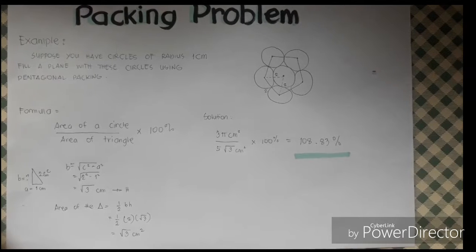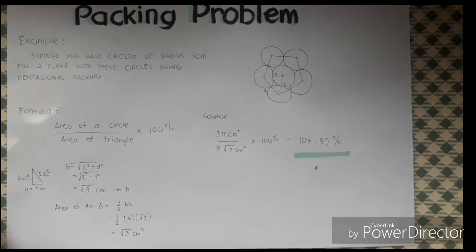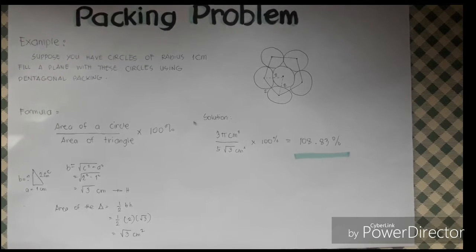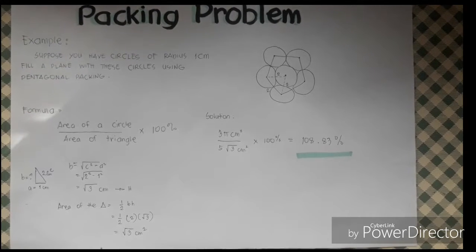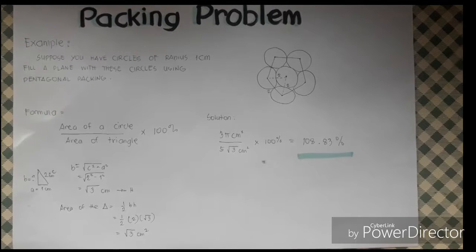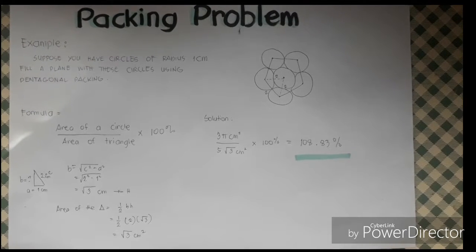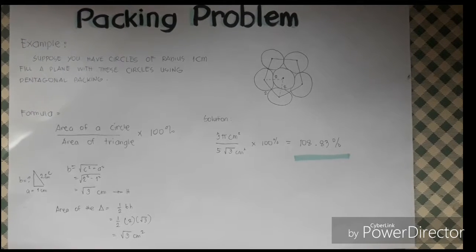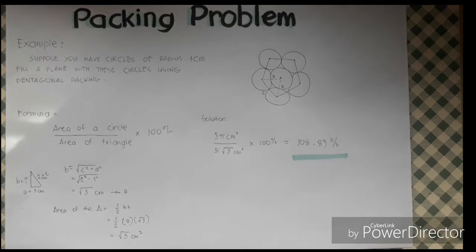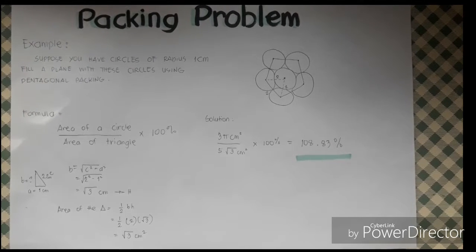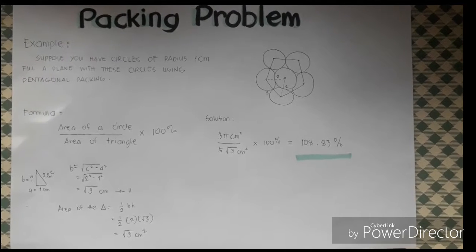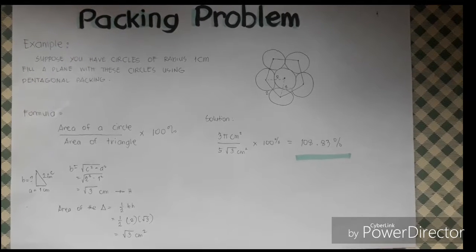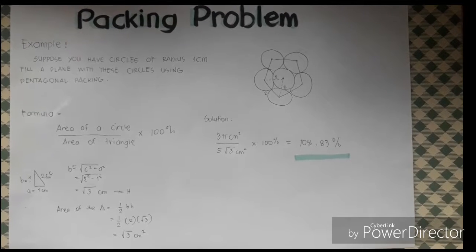Since we already got the area of a triangle, let's proceed to the formula, which is the area of a circle over the area of a triangle. The area of a circle is pi r squared, but since the triangle are connecting three circles, we replace 3 in the formula, which is the pi r squared.